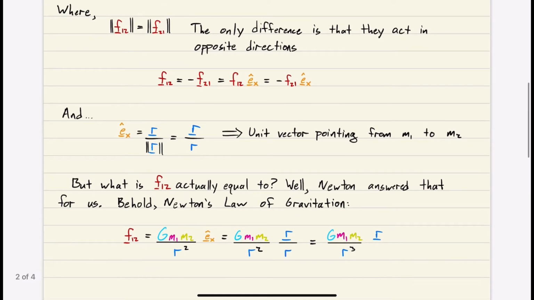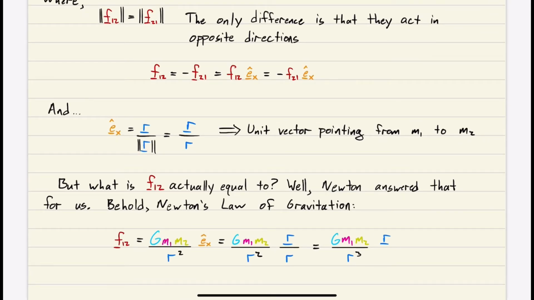Okay, so I conceptually understand where all the forces are pointing and what gravity sort of means. But what is F12 actually equal to? What is that force? Well, Newton answered that for us. So behold Newton's law of gravitation. Voila, it's right here.